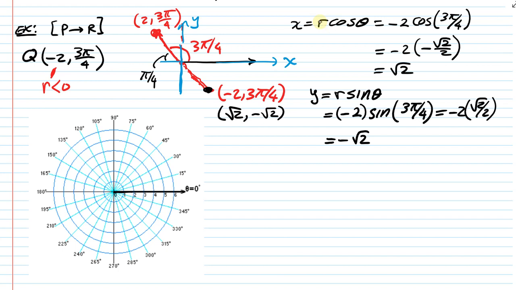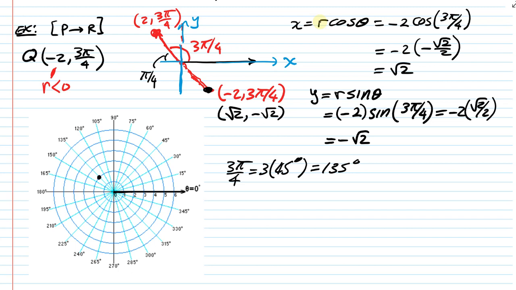All right, so the radius is 2, the angle is 3 pi over 4, and of course 3 pi over 4 is going to be 3 times 45 degrees, which is 135 degrees. And that would be right about here. There you go. See that?